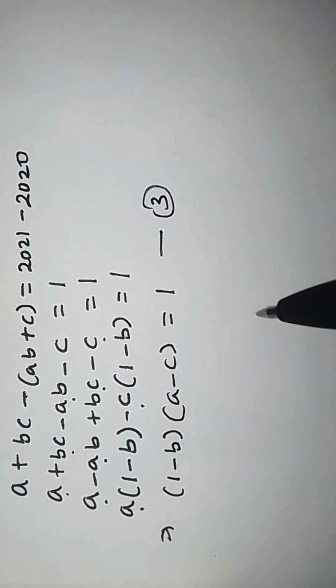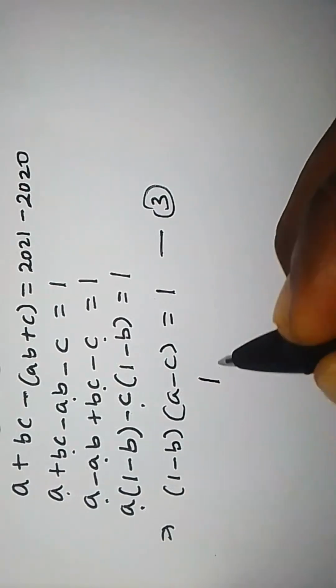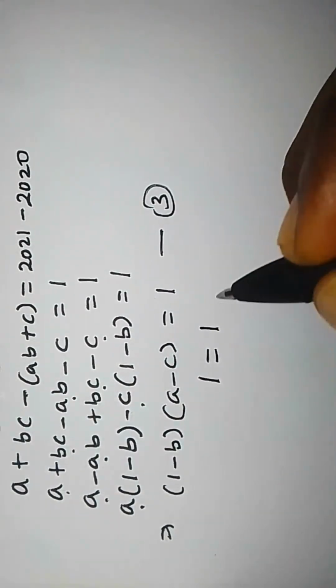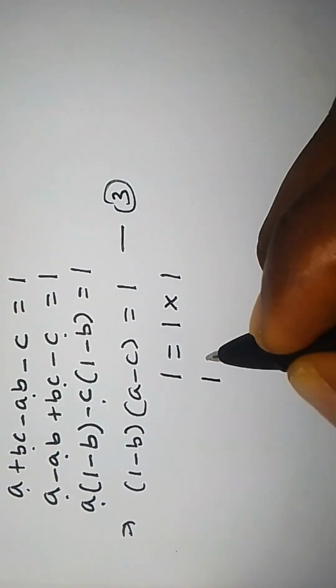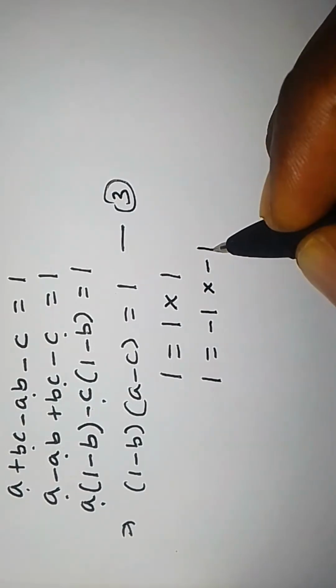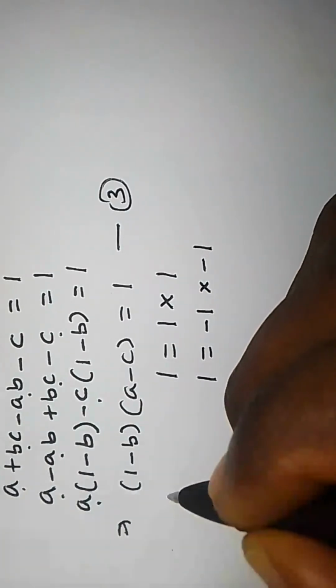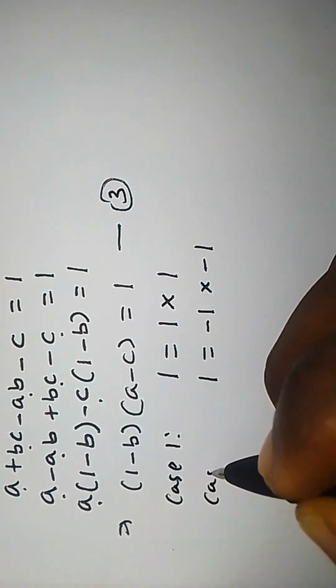Now, let us focus our attention on 1. 1 could be written as 1 times 1. We can also write 1 as minus 1 times minus 1. We can call this case 1, and this, let us call it case 2.